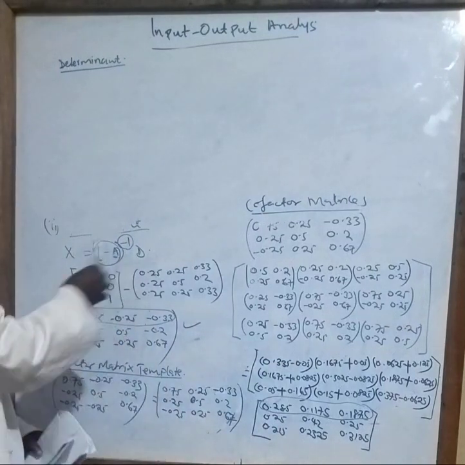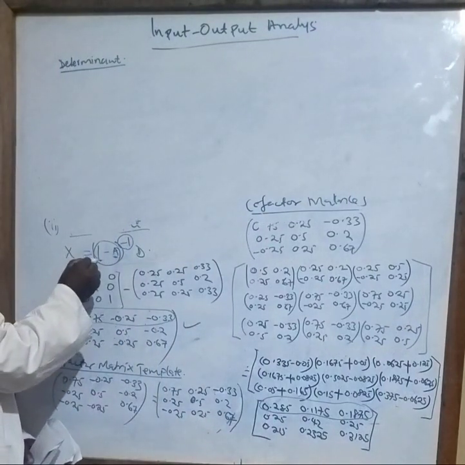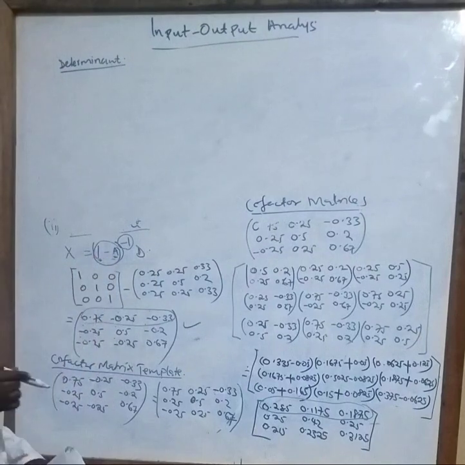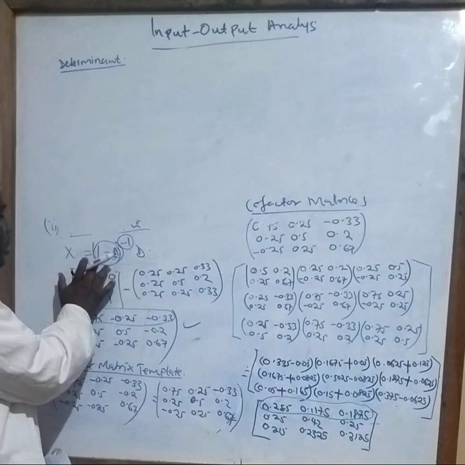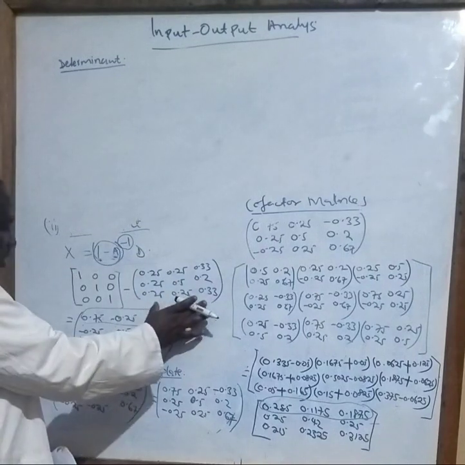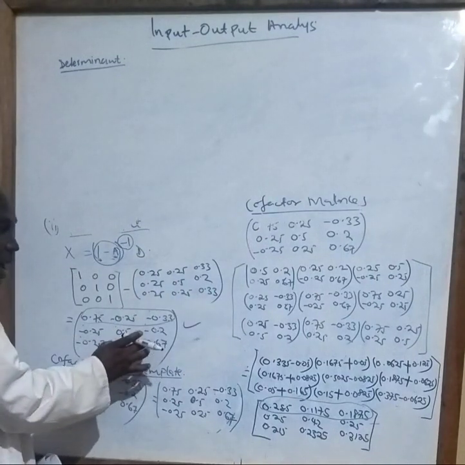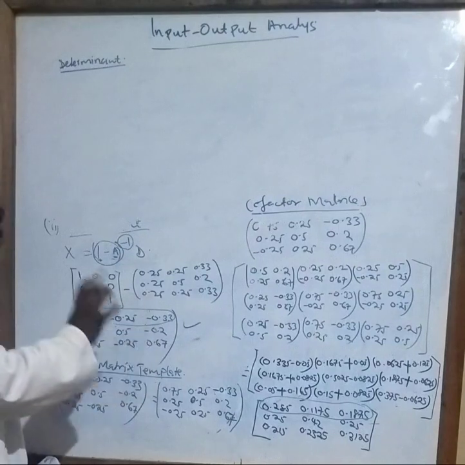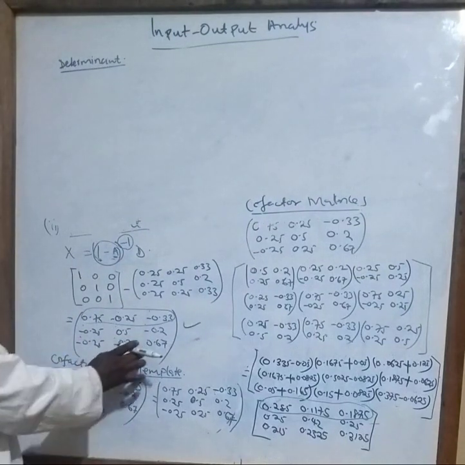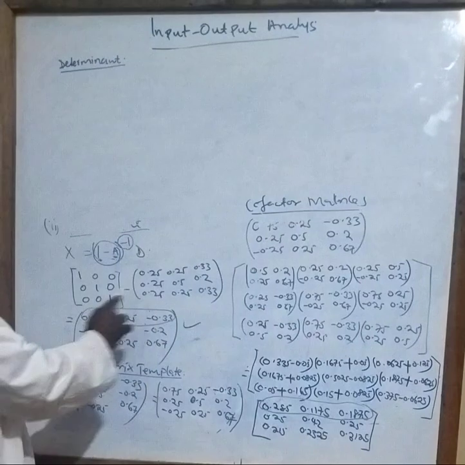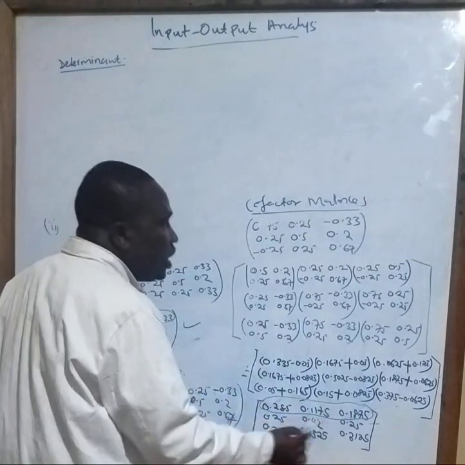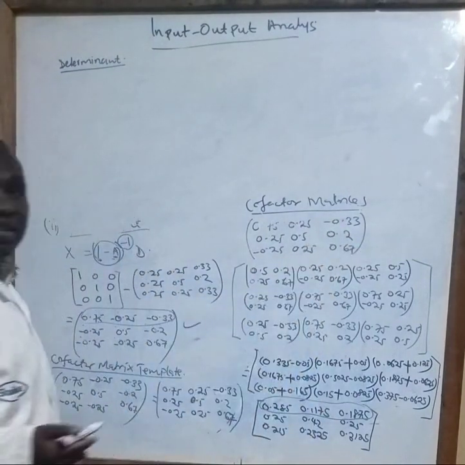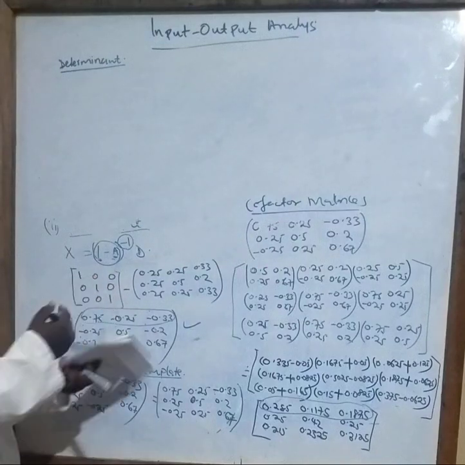You go exactly where you have said identity minus coefficient matrix. So when you say identity minus coefficient matrix, you get this one. This one here is your matrix without the template. So you take the first row, multiply by the first row in the coefficient matrices. So your answer is very simple.